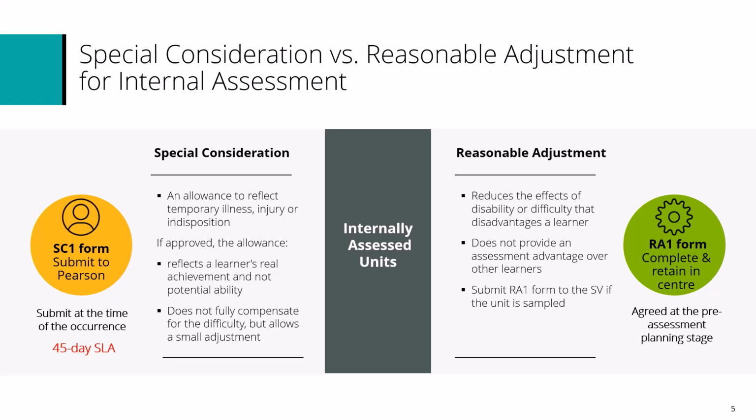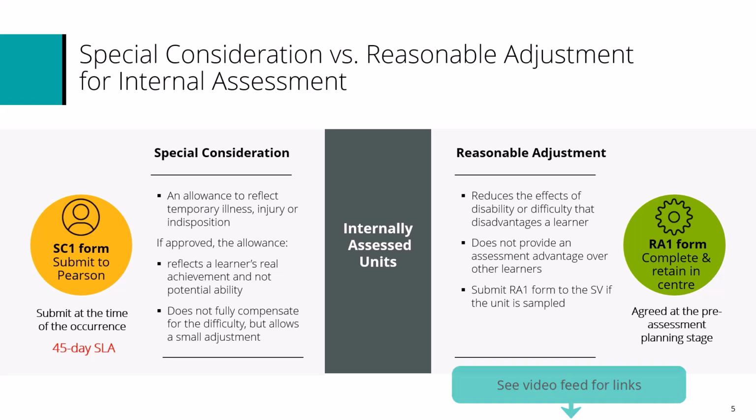A reasonable adjustment is where you can apply alternative forms of assessment or ways in which to support the learner so they are not disadvantaged in internal assessments. The RA1 form is required for this, but there is no formal submission to Pearson.